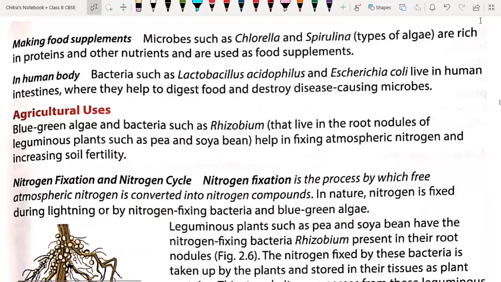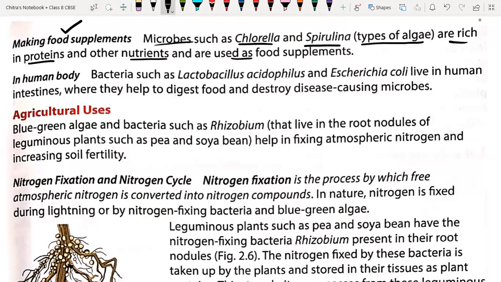Now we are going to discuss how microorganisms are used for making food supplements. Okay, see, microbes such as chlorella and spirulina, very important, these are nothing but types of algae, and are rich in protein and other nutrients.